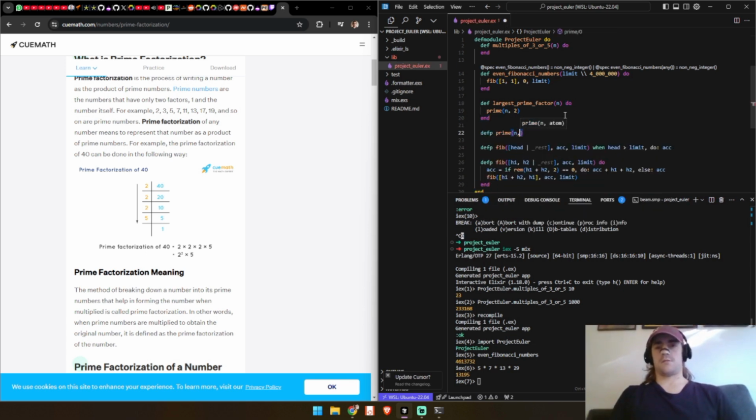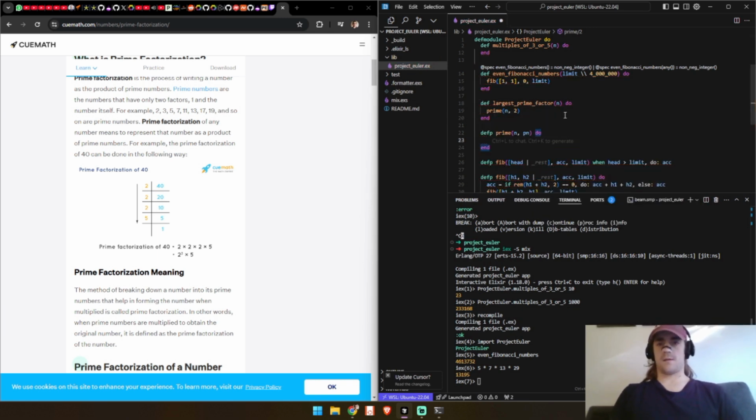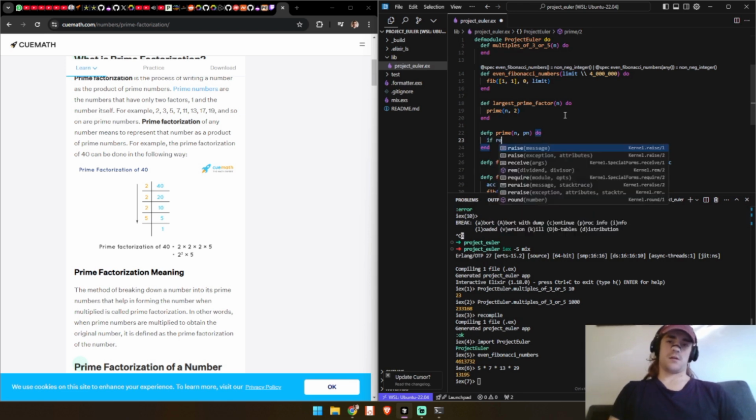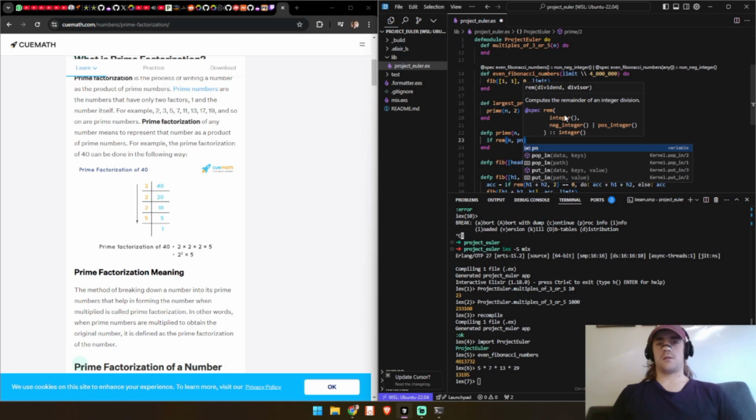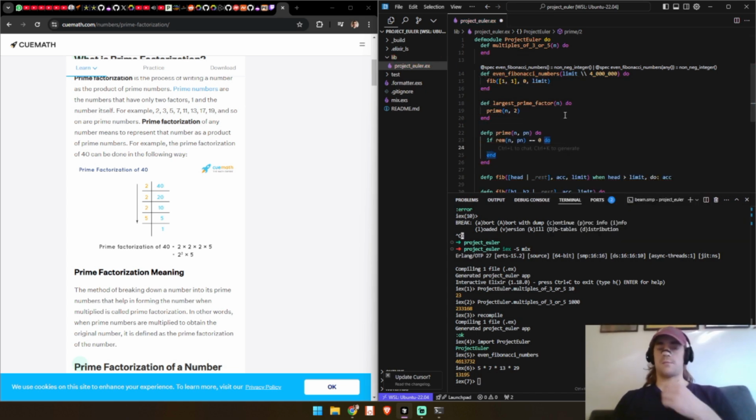And so we have a number and a divisor, Pn, let's call it, a prime number, and we try to divide n with Pn, and if the remainder is 0, so it is divisible by that prime number.